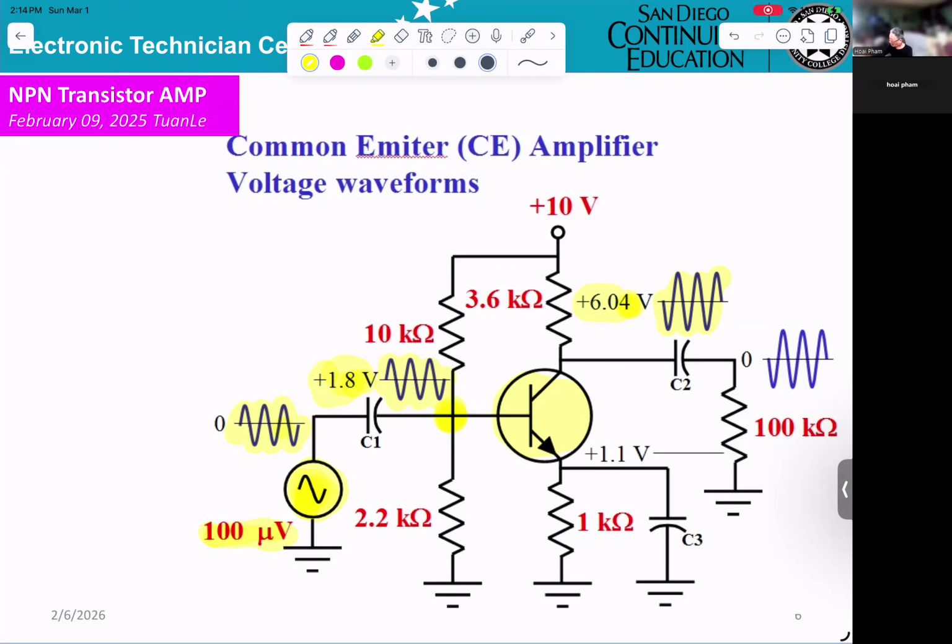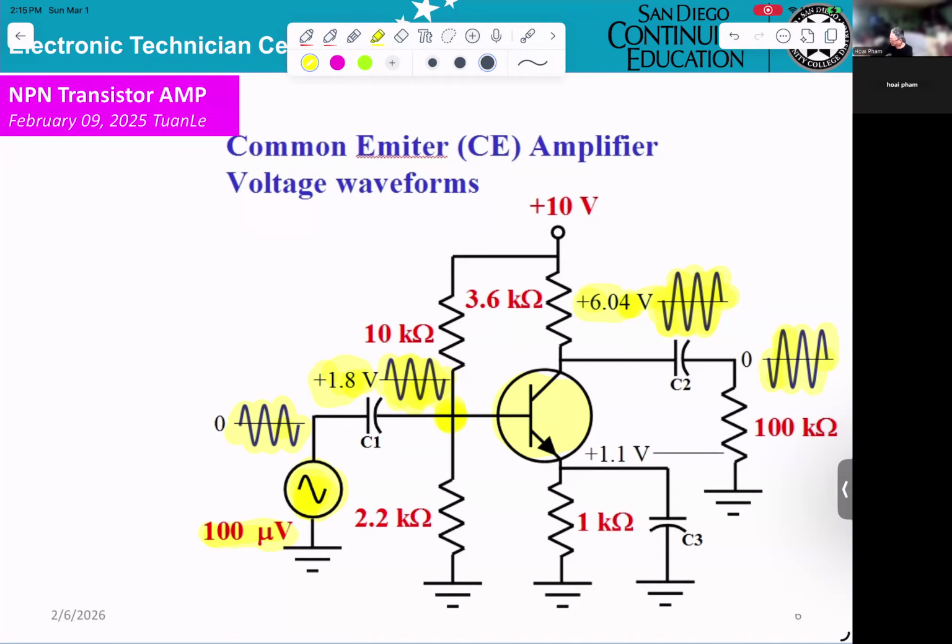And if you're looking at the oscilloscope, you can see this is 6.04 volt, and this is a sine wave opposite to the base sine wave. And if you're looking at the output, you don't see any 6.04 volt. The thing is, C2 is DC blocking.